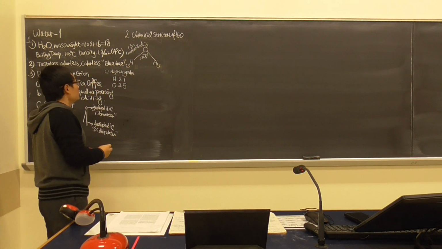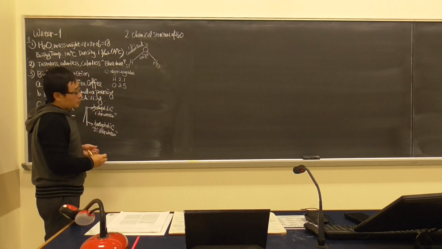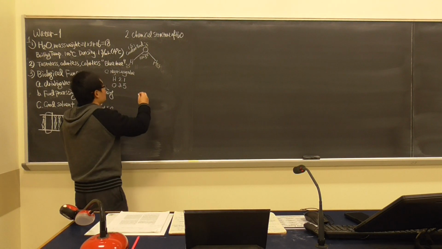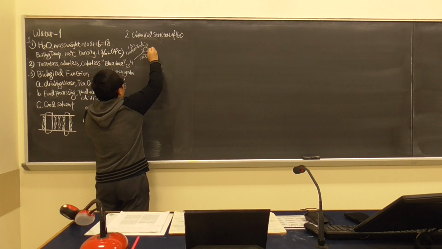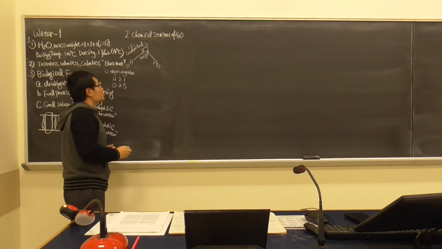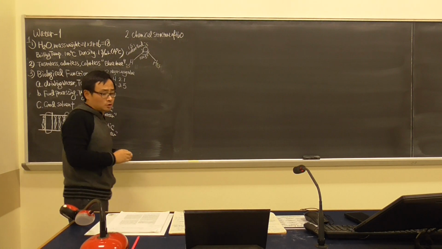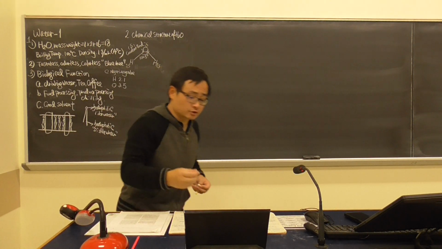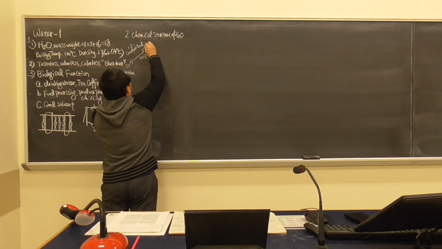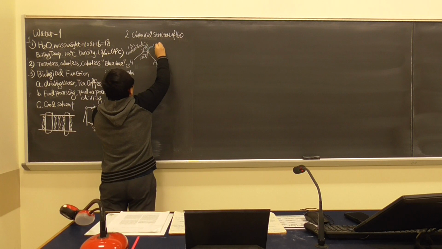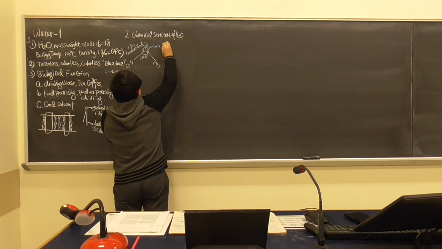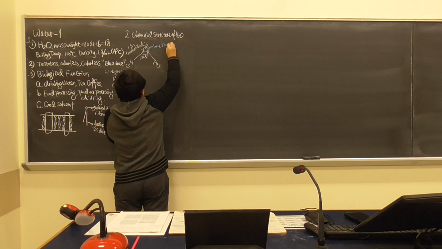Okay? And we also know that oxygen and hydrogen are sharing an electron right here. Sharing an electron right here. But also the oxygen has two pairs of electrons which are lonely. So we can draw right here the lone electron pairs.